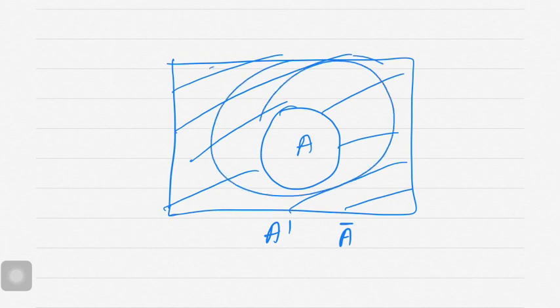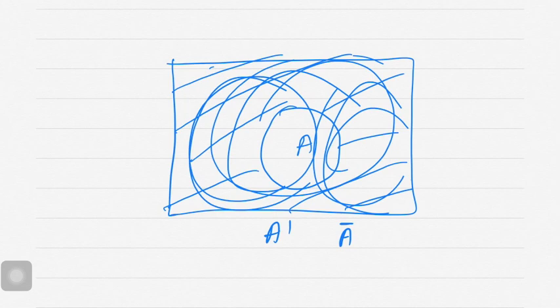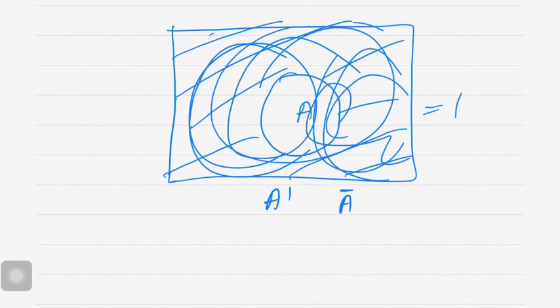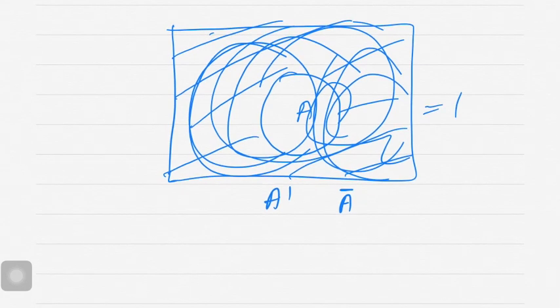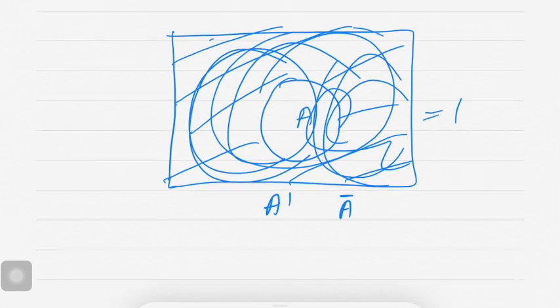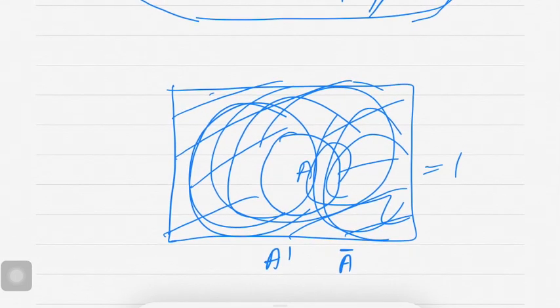The total probability of the sample space is always 1. Got it? Okay, that's it for today.